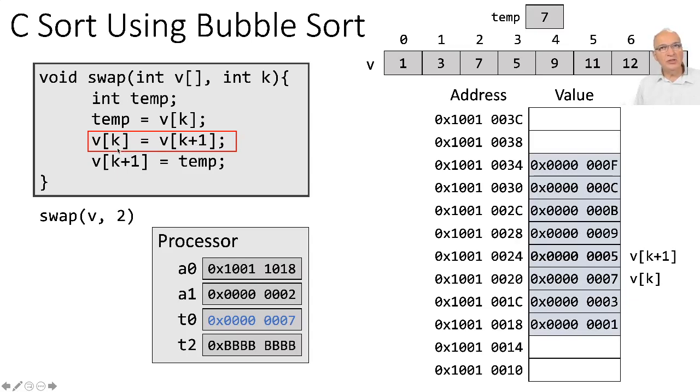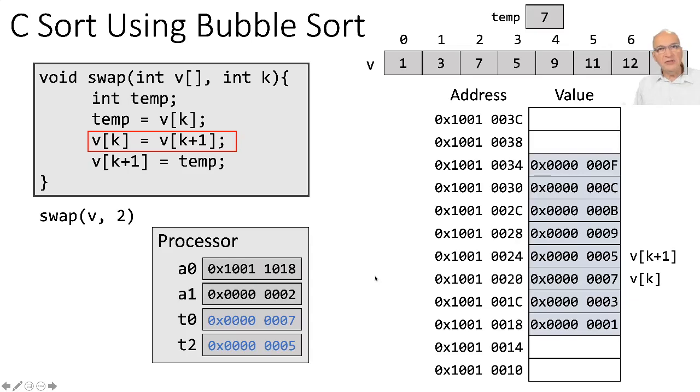So I need to do it in two instructions. First I need to bring the value of vk plus 1 from memory and put it in a register. So I'm going to need another register that did not appear in my C program. You can think of this as another temporary variable. And this temporary variable, now in T2, has a copy of 5.